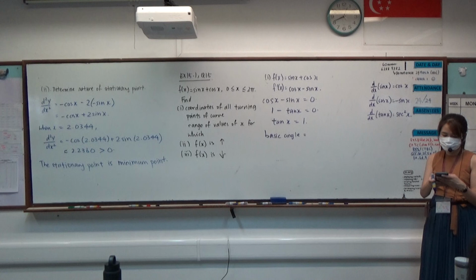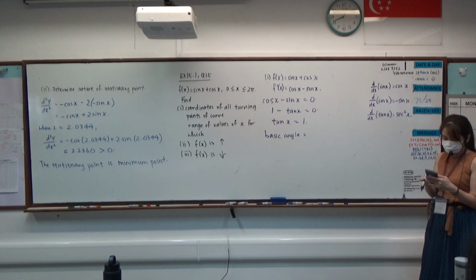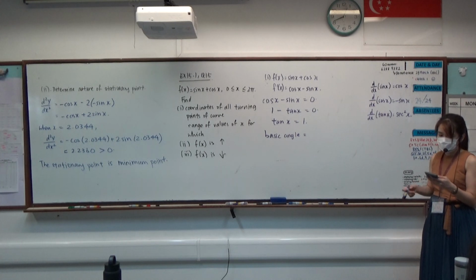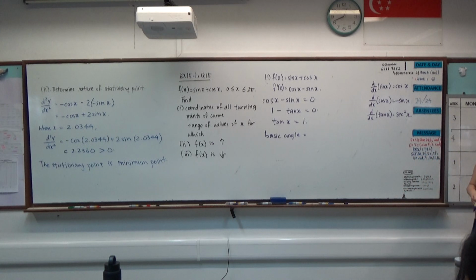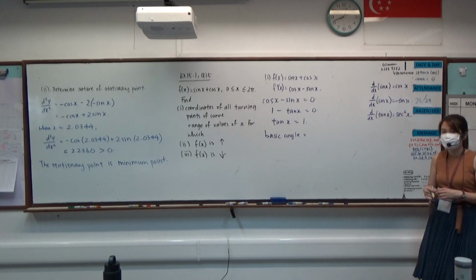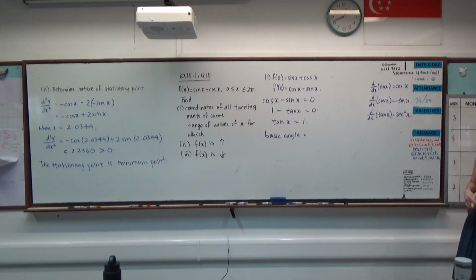I want the rest of you to go and figure it out also. 45. Sorry? 45? Are we supposed to do it in degrees? Then pi over 4. Pi over 4. Why not 0.78539? Tangent inverse 1, what?